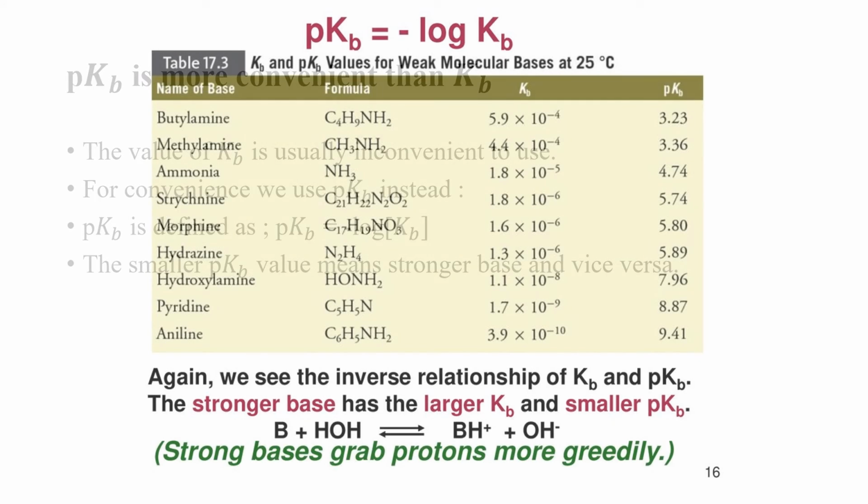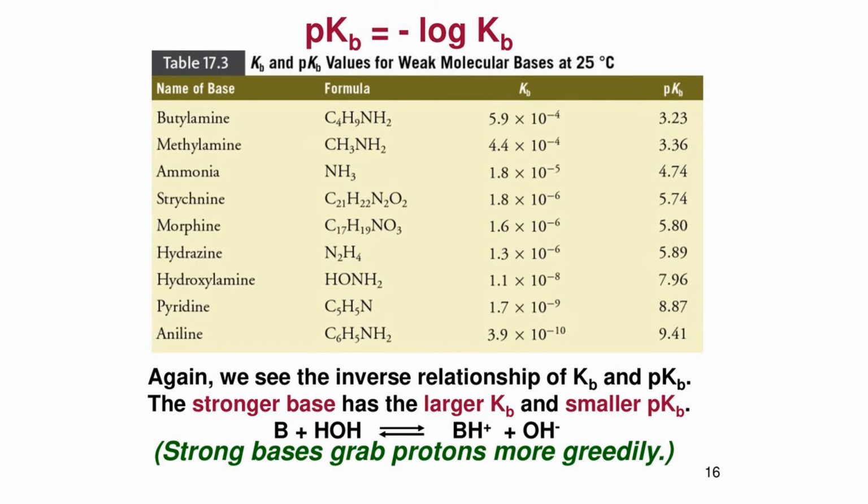You can compare your concepts and strengthen them with the help of this table. You can see over here that butylamine has the least pKb value in the table as compared to all other bases. So butylamine will be the strongest base, but its Kb value is the highest as compared to others.